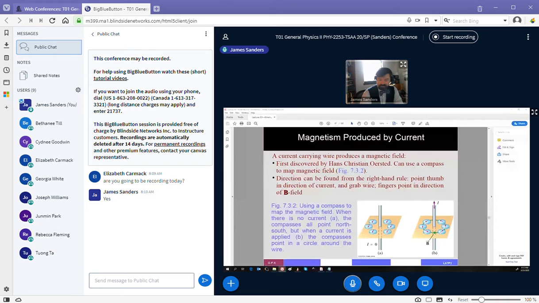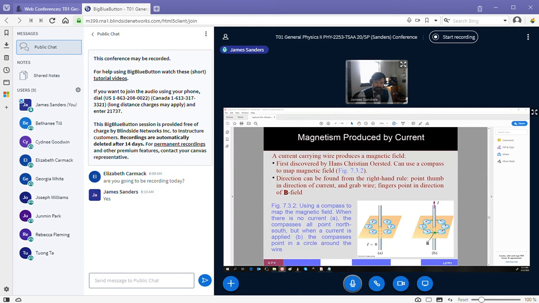We turn on the current and immediately the compasses deflect, because remember that what's inside of a compass is basically a small bar magnet. The small bar magnet deflects such that the north end points towards the south end of the magnetic field, and vice versa. All right, and so in this case, all of these compasses have deflected so that they are pointing along the magnetic field lines.